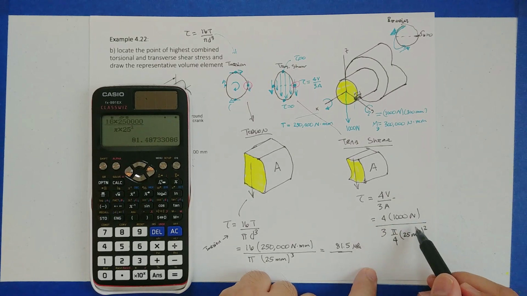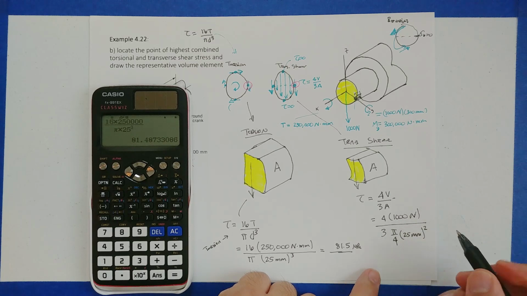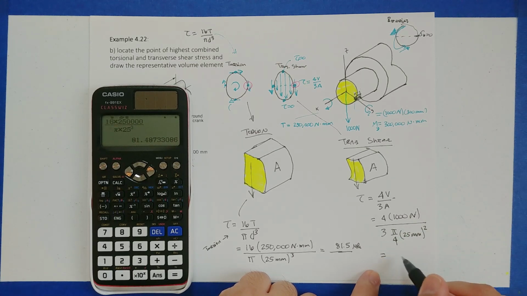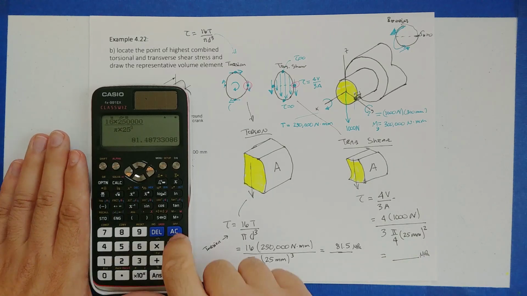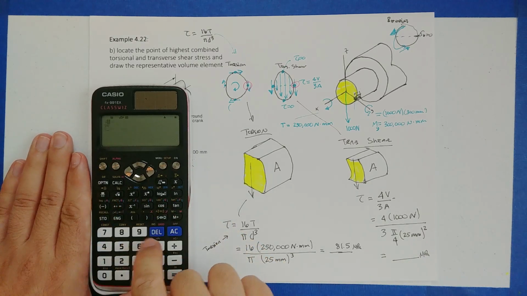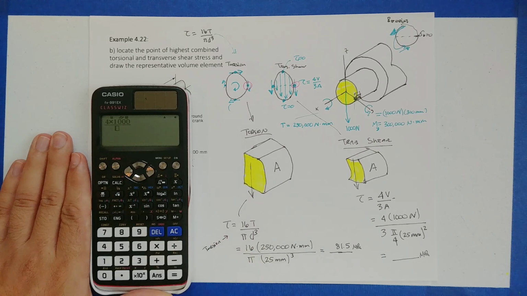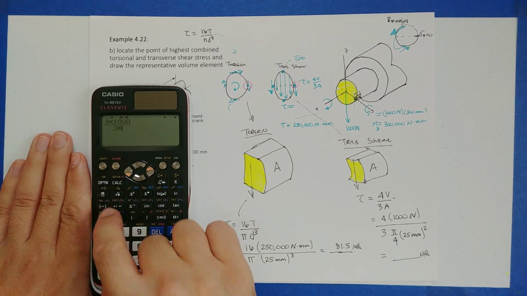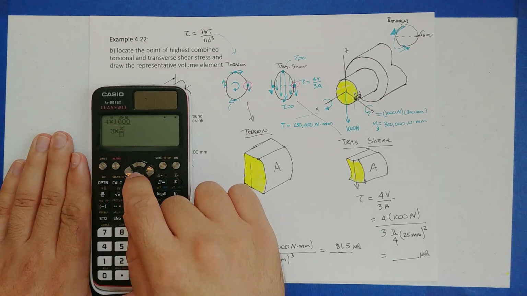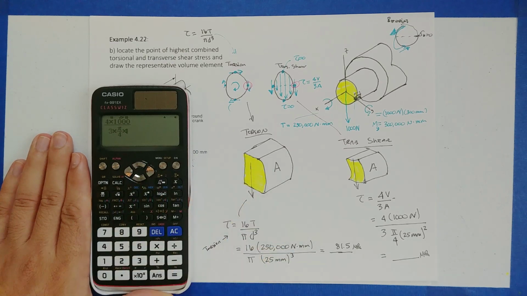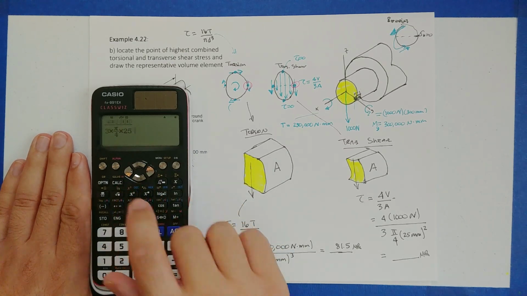Whatever comes out of here is going to have units of newtons divided by millimeters squared, so it's going to be a value in megapascals. Let's see what that value is going to be. So 4 times 1,000 divided by 3 times pi by 4 times 25 millimeters squared.